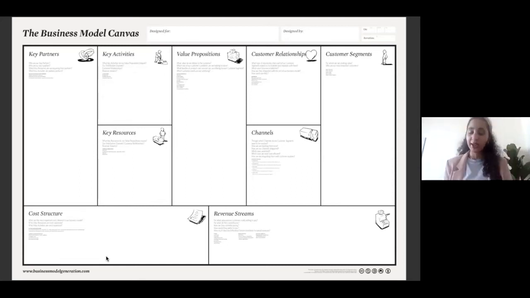So now, let's say you have an idea, right? Let's take my business as an example, my startup, which is NutriBox. NutriBox is a weight loss and wellness app that will empower you and guide you to become your healthiest self.